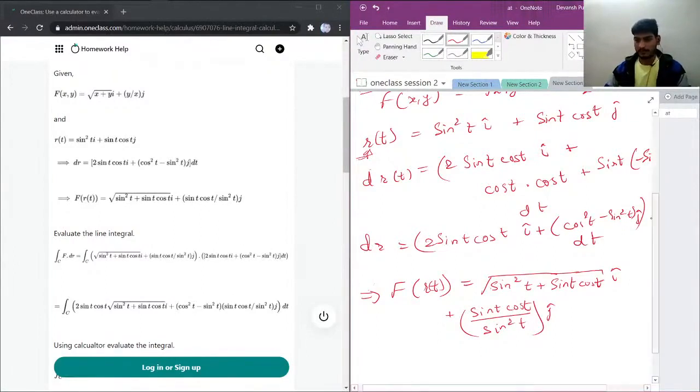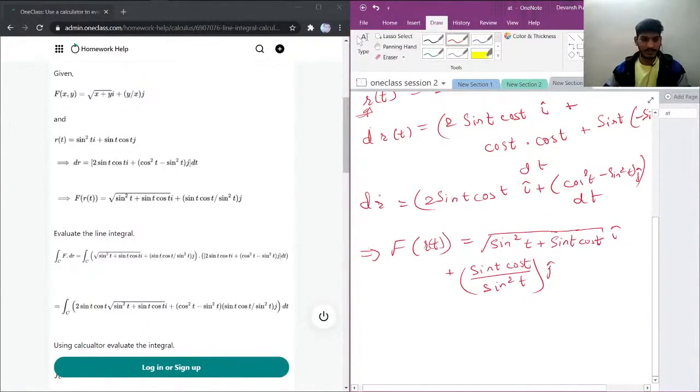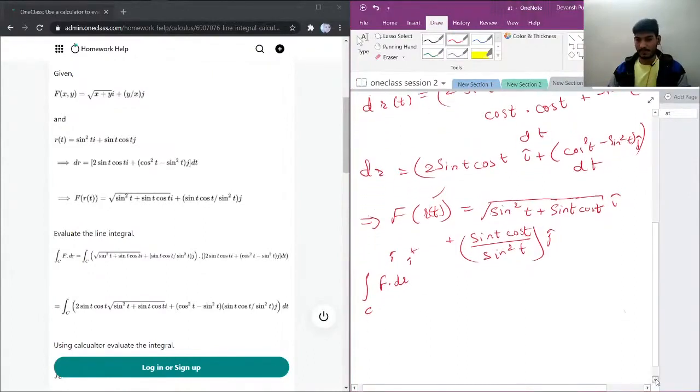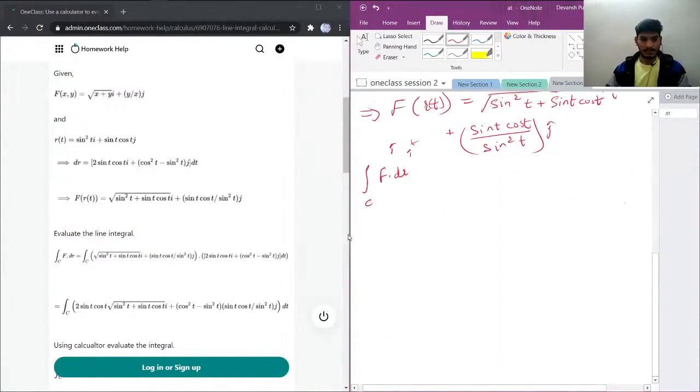Now we need to find the line integral over C of F dot dr. Now my F function is in terms of t, and my dr was always a function of t. So this will become F dot dr over the curve C will become F function, F of r of t.